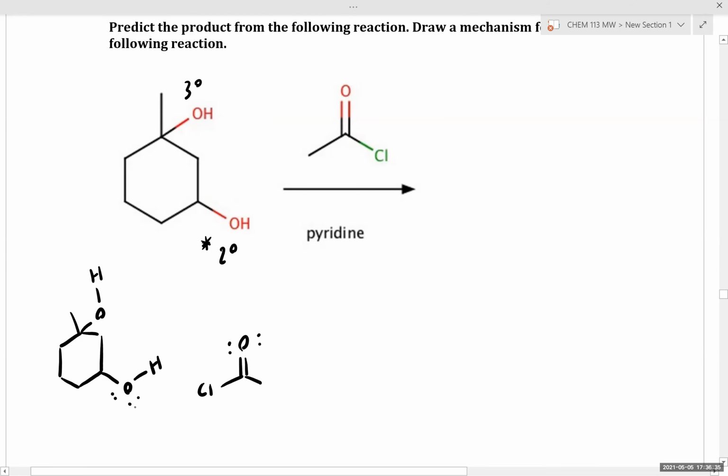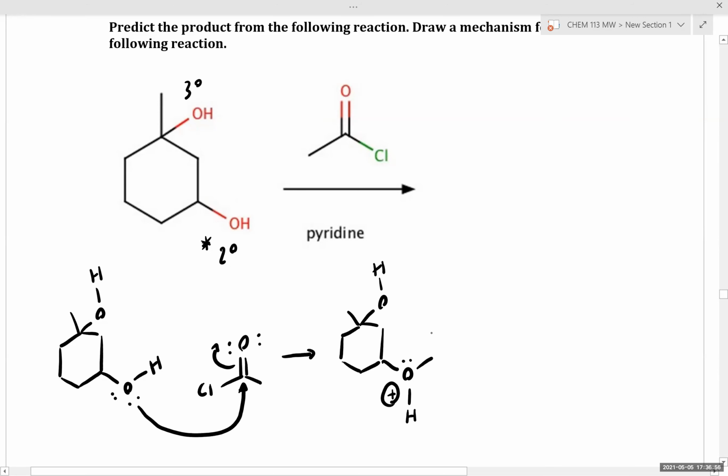So the first thing that's going to happen, we have a nucleophilic alcohol. It will attack the electrophilic carbonyl carbon, and that in turn will give us a tetrahedral intermediate. One thing that I appreciate in this proposed mechanism is that the student didn't immediately deprotonate the alcohol. We're under mildly basic conditions, but as we discussed previously, we won't really see a lot of the alkoxide species in solution.